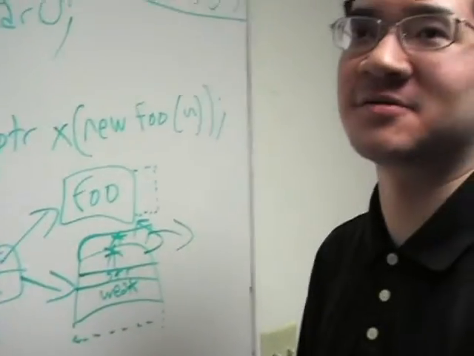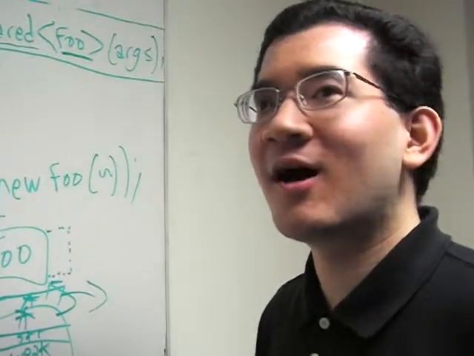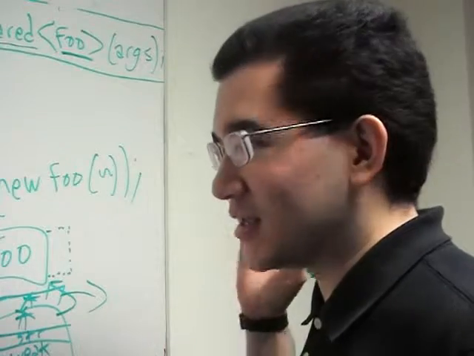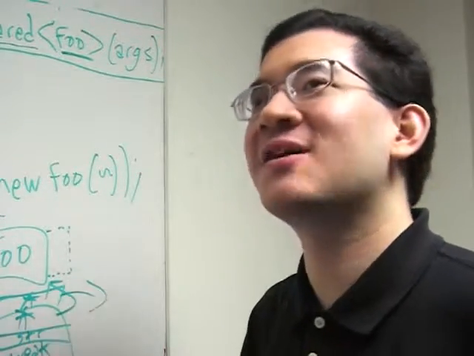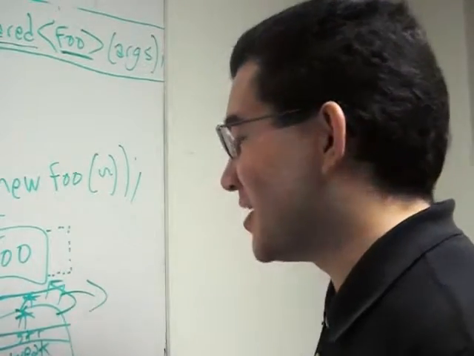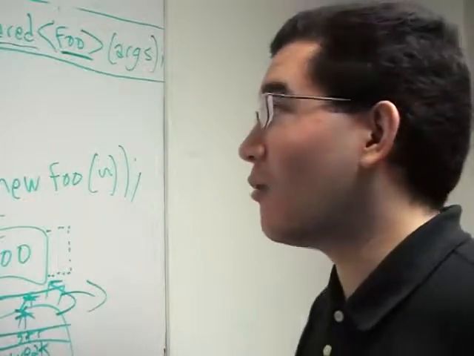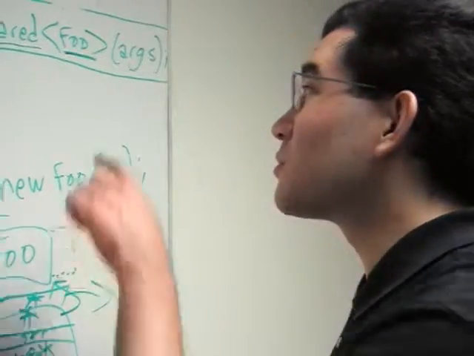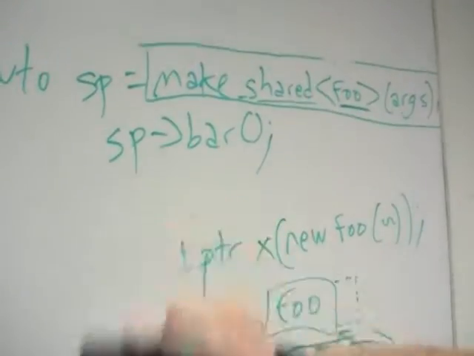This is not so awesome in terms of performance. It's not the end of the world, but in something that is creating a billion shared pointers, or a million, you would definitely notice this. When you call make_shared, though, we can do something pretty clever because we're both constructing the object and a shared pointer to it.